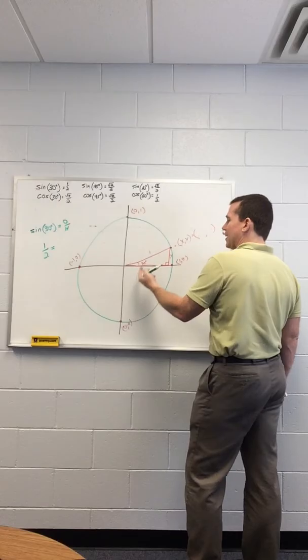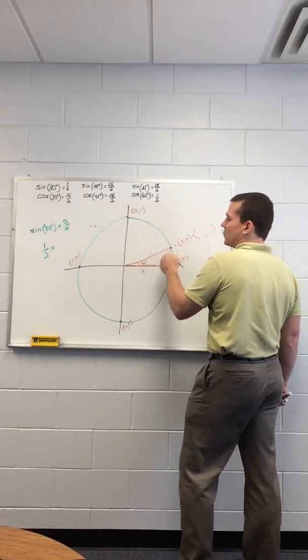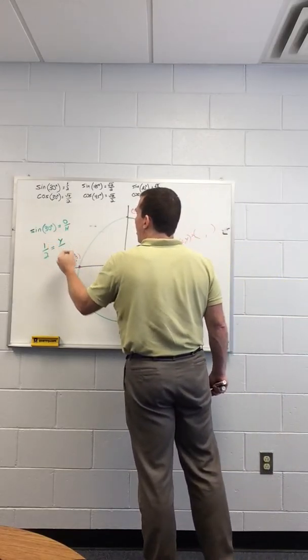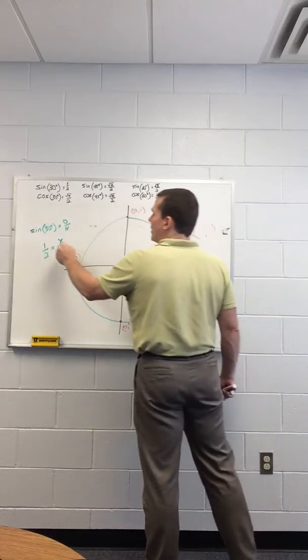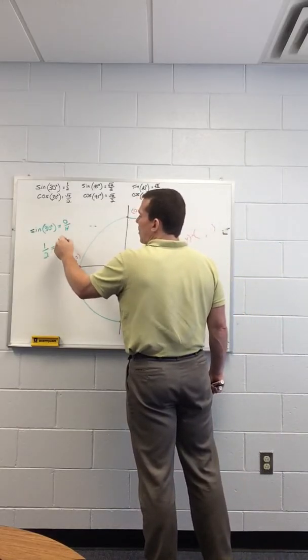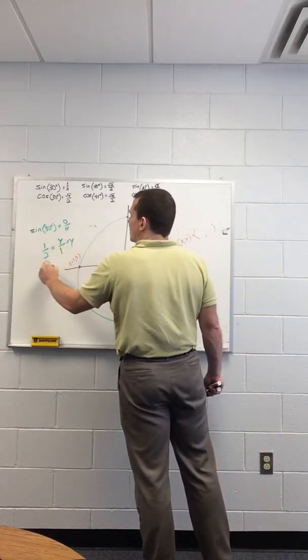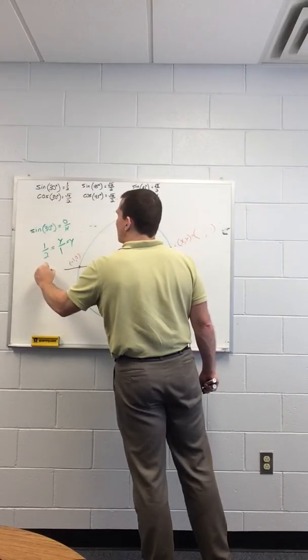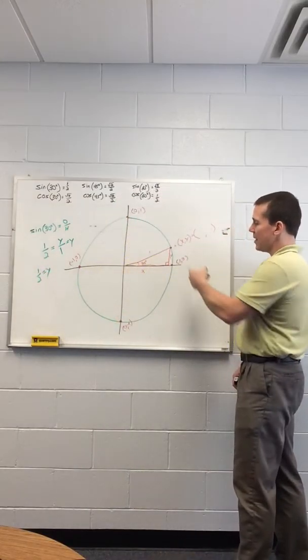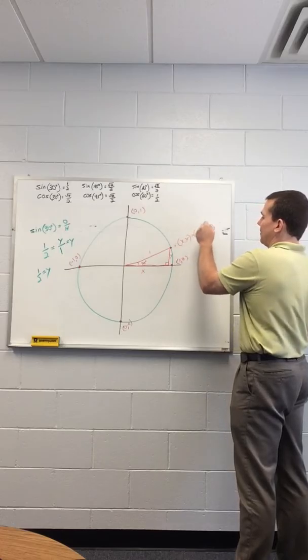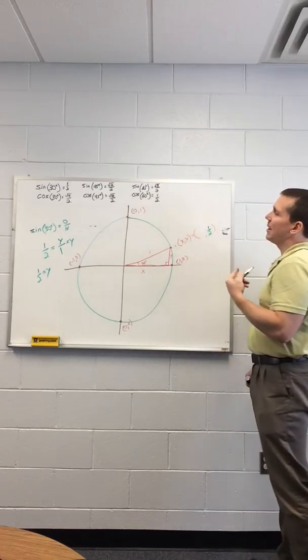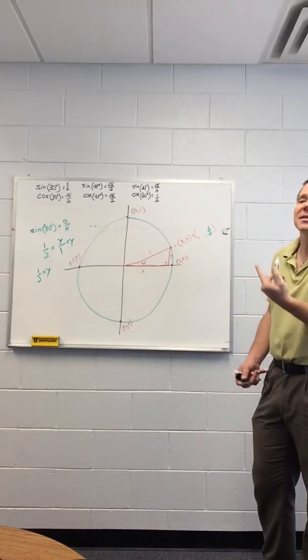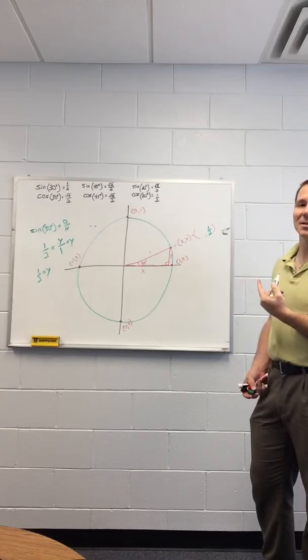And then for this triangle, the opposite side is y, all over the hypotenuse, which is 1. But y over 1 is just y. So now I get 1/2 equals y. Well, then that tells me y here is 1/2. So the value of y right there is 1/2, which is just the sine value of 30 degrees.